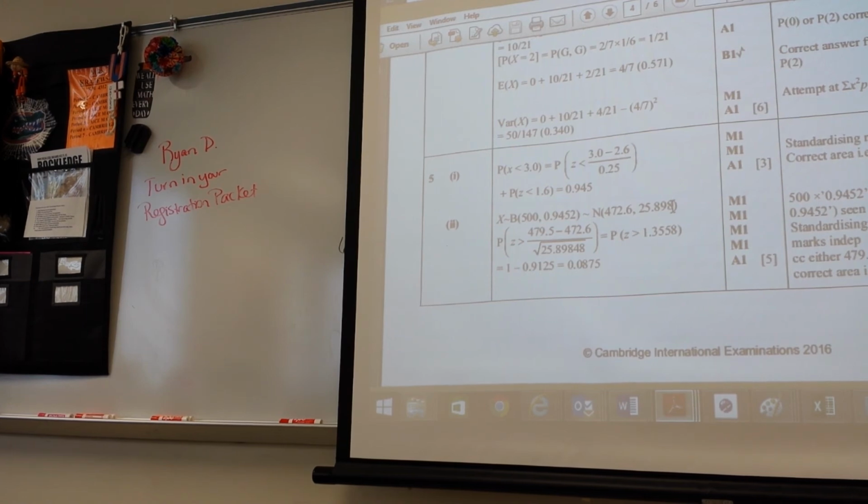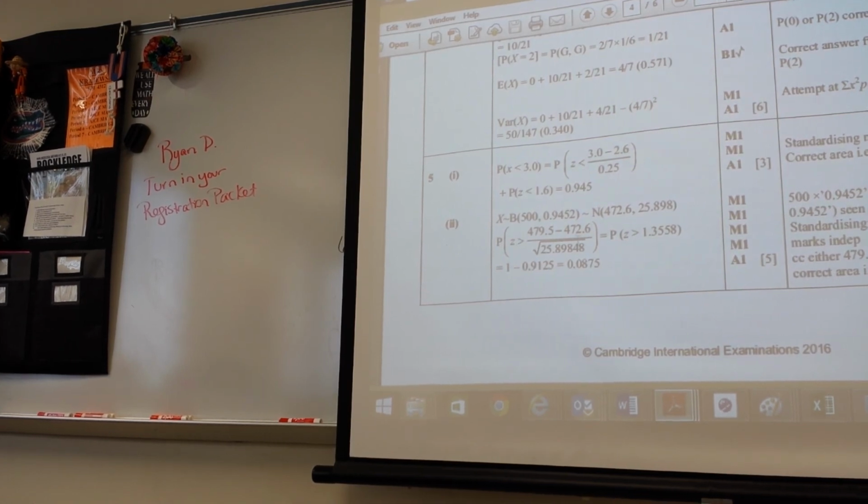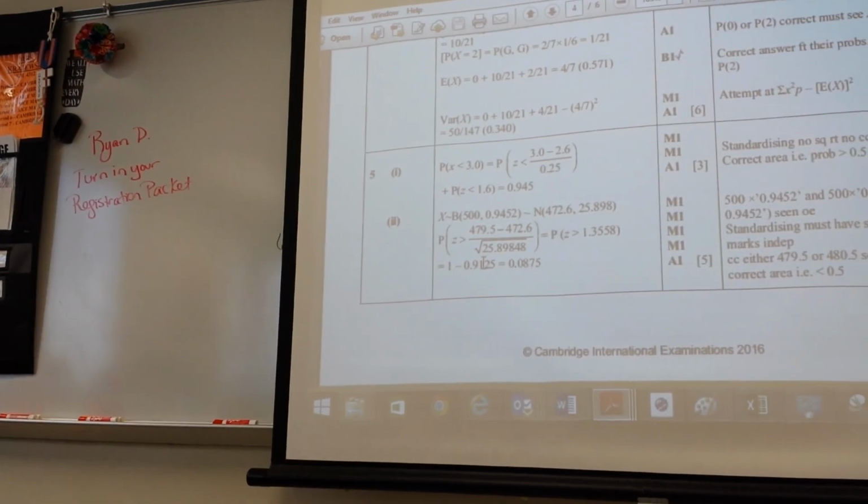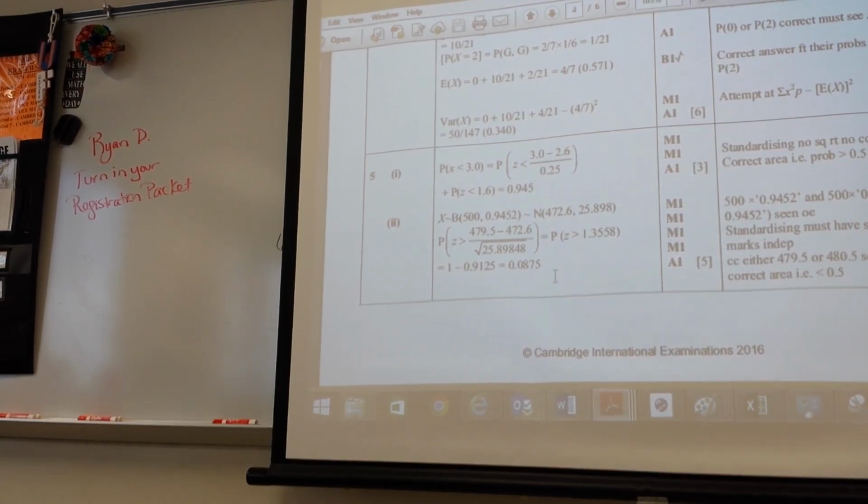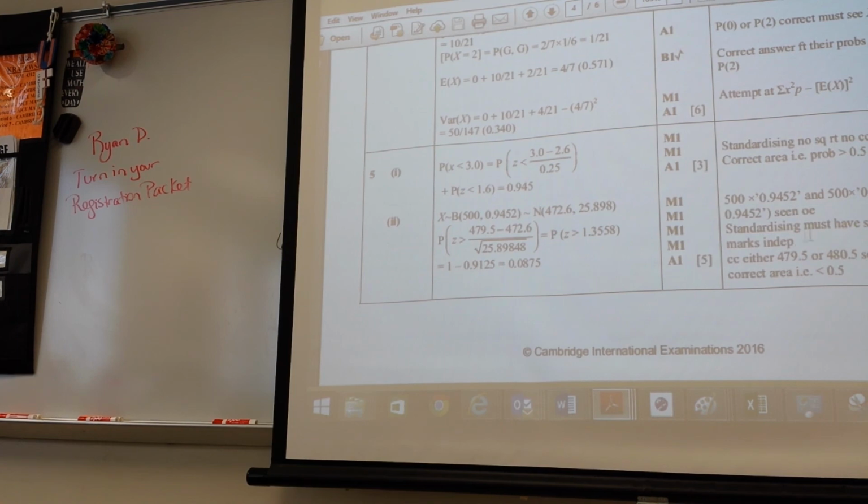So they have the binomial is 500 and 0.9452, which is what we just found here. Z is greater than... Did they do it either way? They only had one method.